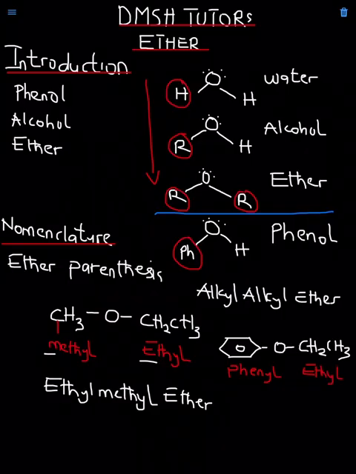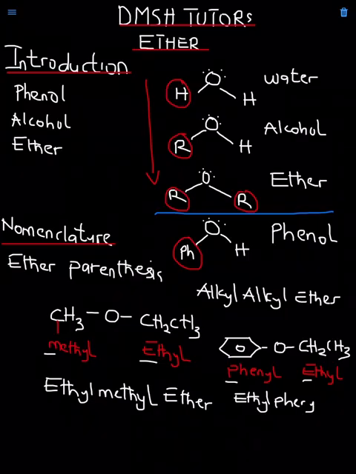Between E and P, which one comes first? E comes first, right? So therefore the name of this compound is ethyl phenyl ether. This is how to name compounds like this. Then let me put one more example. Let's check this compound as well.